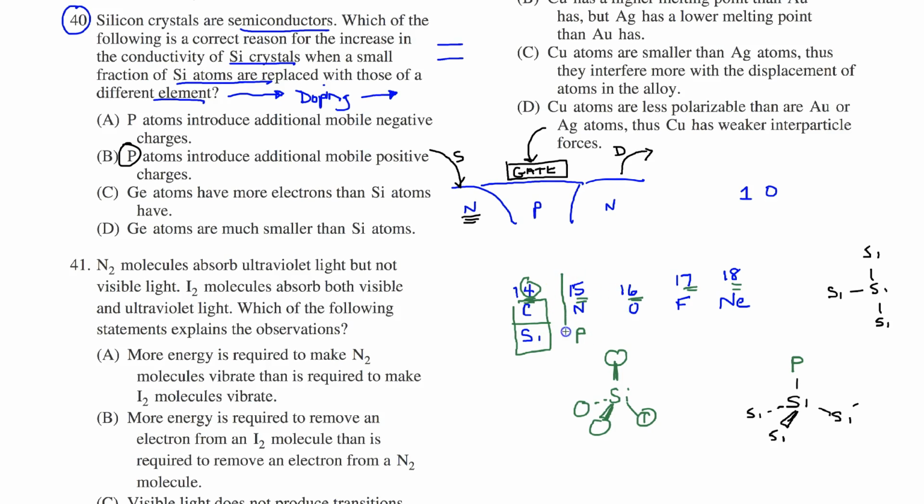It's under group 15, and it has what? One more valence electron. And so it's going to bring another electron into the crystal. So if we have a P where a silicon should be, it's going to have an electron that's not really bonded, and therefore this electron can move throughout the crystal and give it some conductivity.